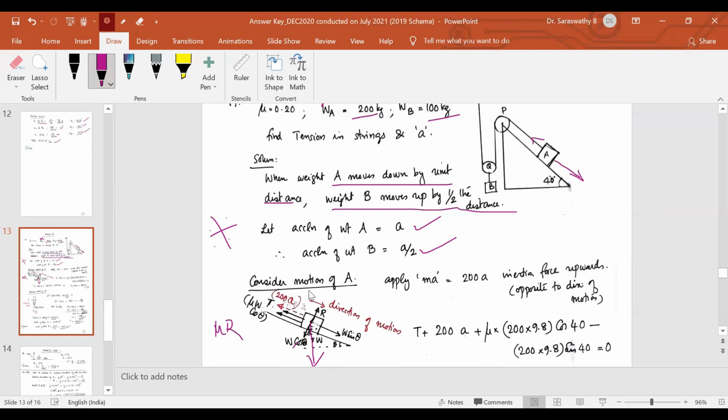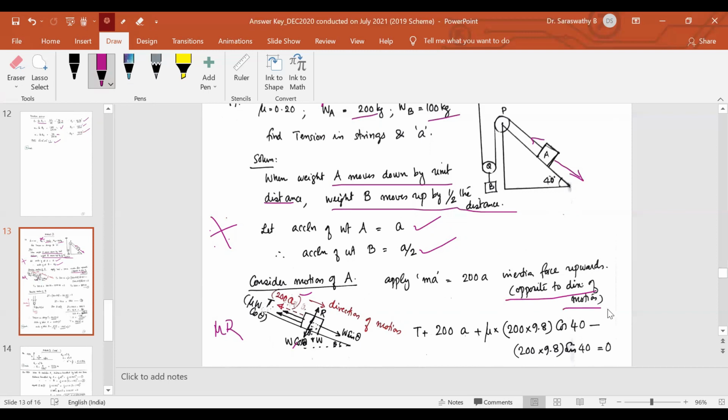Together with these forces, I am applying an inertia force, 200 into A, mass into acceleration, opposite to the direction of motion, so that this system is in equilibrium.